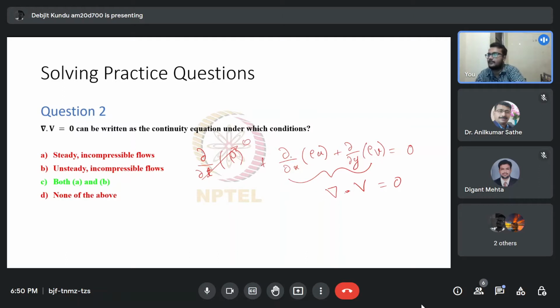And if we look at the remaining part, the dou x of rho u, dou y of rho v, and if we consider 3D, then there will be a dou z of rho w as well. That would be equal to 0. Since density is constant, we can take it out as some rho naught outside of this, and if we put it over there, then that also cancels out. So that's why we can write that divergence of V equals 0 would be the expression for continuity.